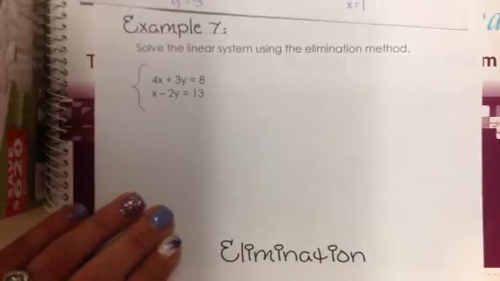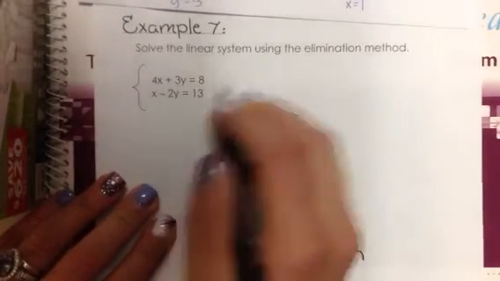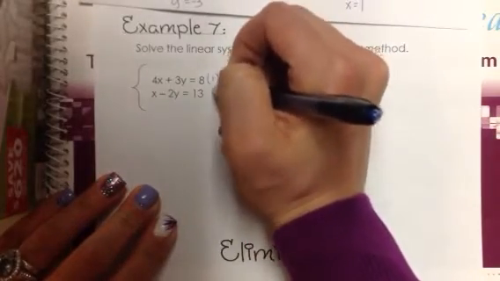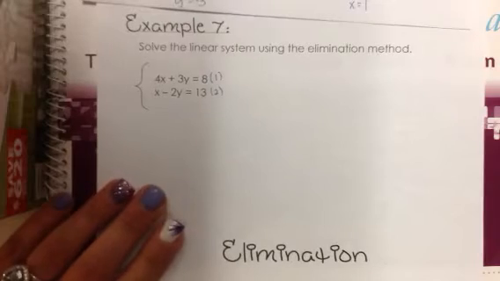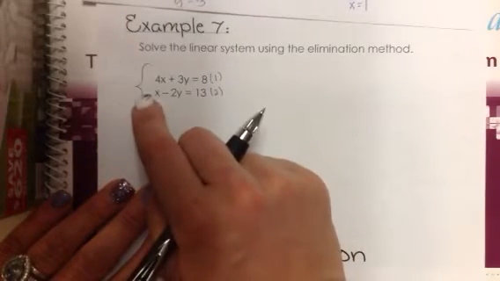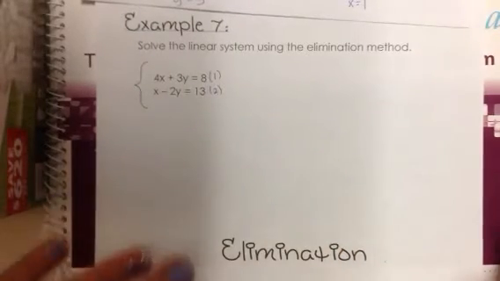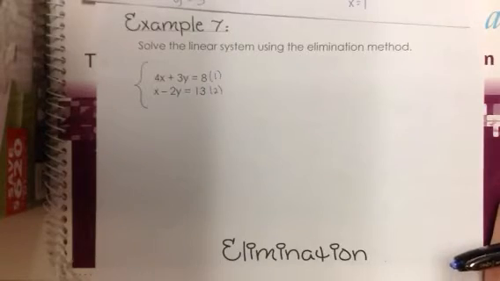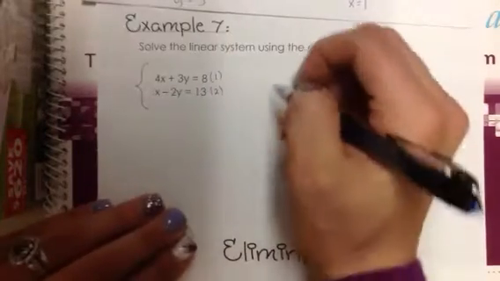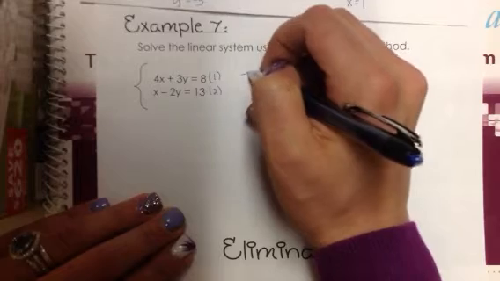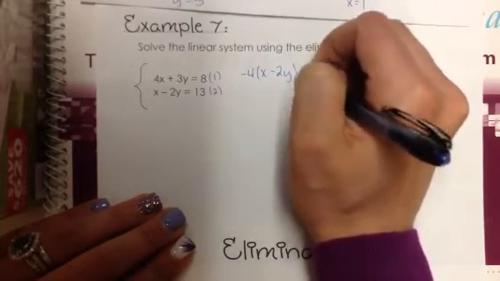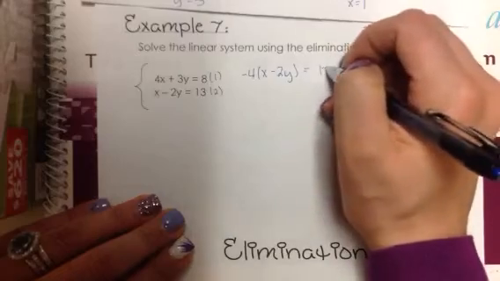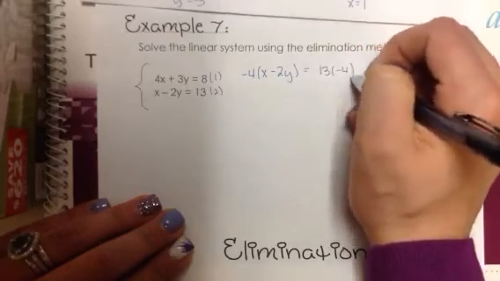So I'm going to say that we multiply number 2, so this is 1, this is 2, that we multiply equation number 2 by -4. If we do that, we'll have a -4 on this outside. There's a number of different possibilities you can use for this one, but I'm going to choose -4. So let's write it over here so we don't get confused. -4 times x minus 2y, that's one side of the equation, and then 13 times -4.